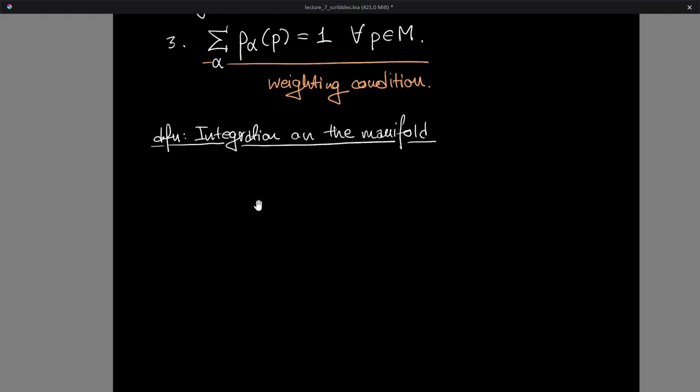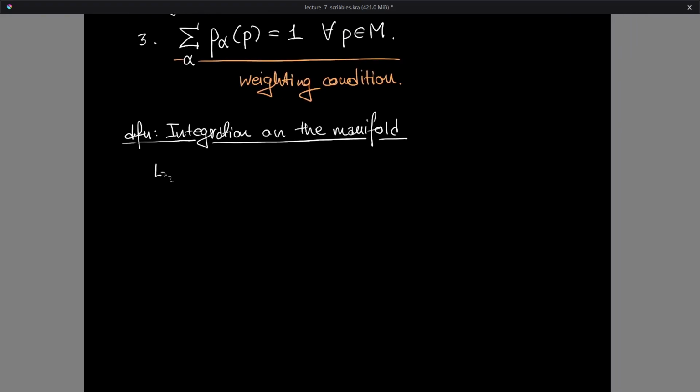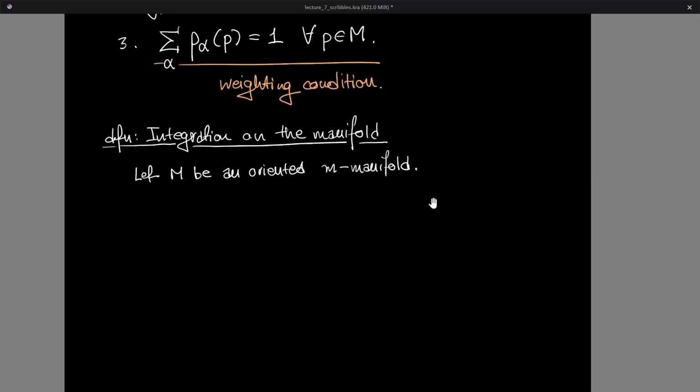So let M be an oriented M manifold. M manifold is just short for M-dimensional manifold.